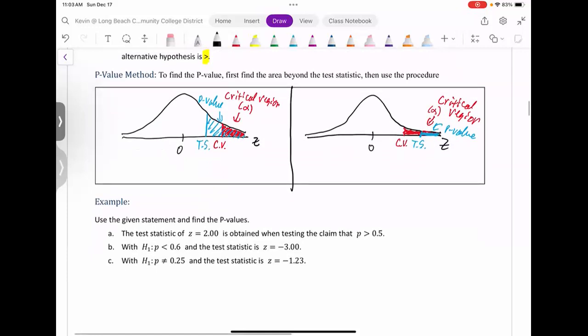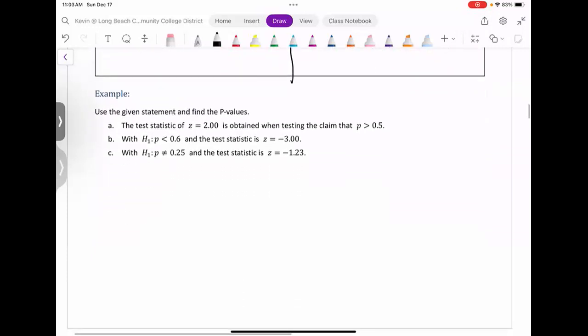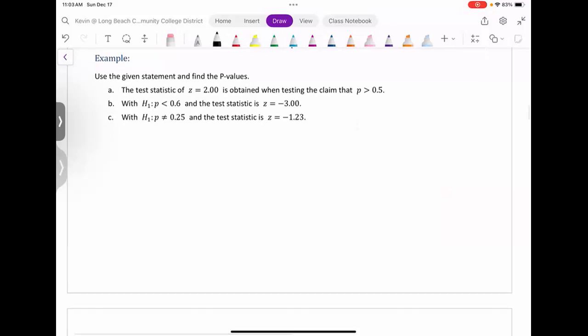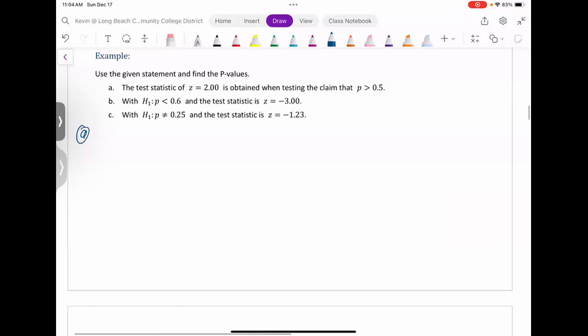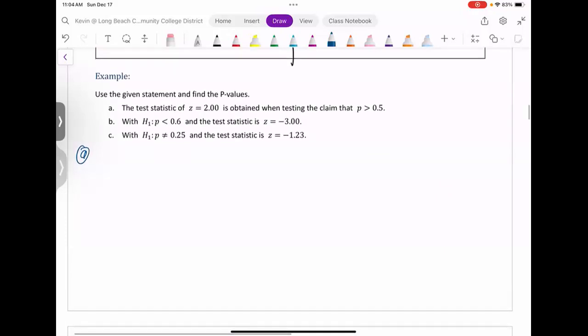So these pictures are going to be coming up often. And here we're going to use this information to come up with the p-values. So that's going to be more the blue color. So let's go here. Use the given statement to find the p-values.